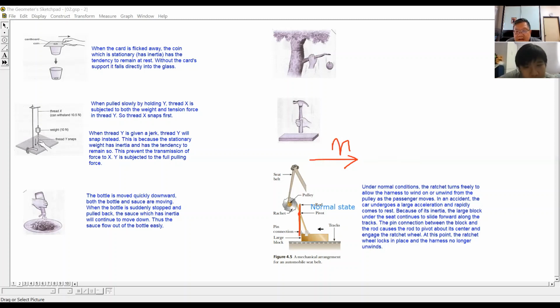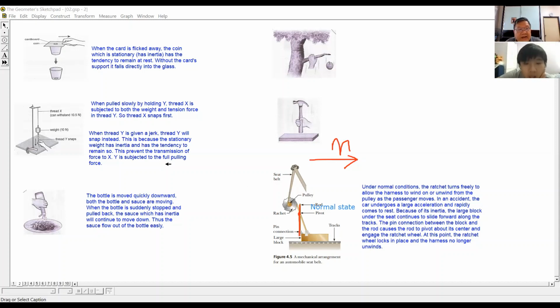When the car suddenly stops, the block attached to the rod will not stop on its own, because you are only stopping the car. In an accident or when you step on the brake, you are actually stopping the car. There is nothing to prevent the inertia of this block from continuing to move forward.